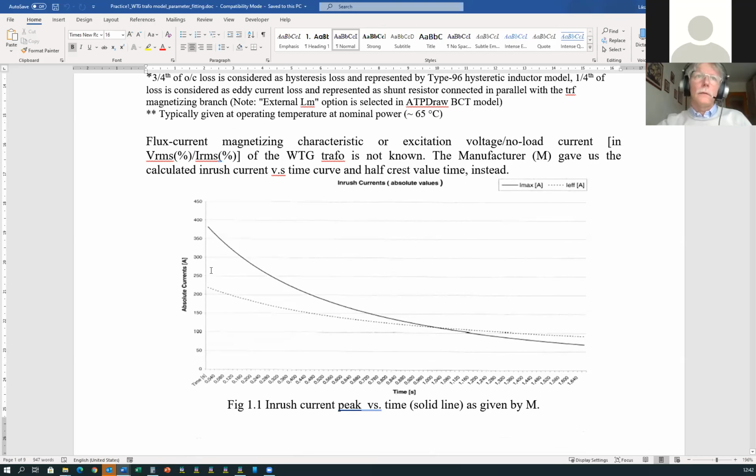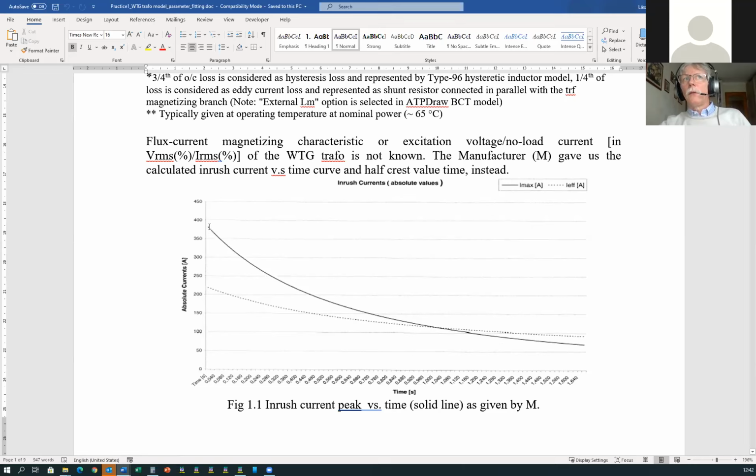As you see or don't see, the numbers might be very small. The currents are given either as RMS, this is the dotted line, showing how the RMS current decays from 0 to 1.5 seconds. Or the same diagram is shown as a solid line.